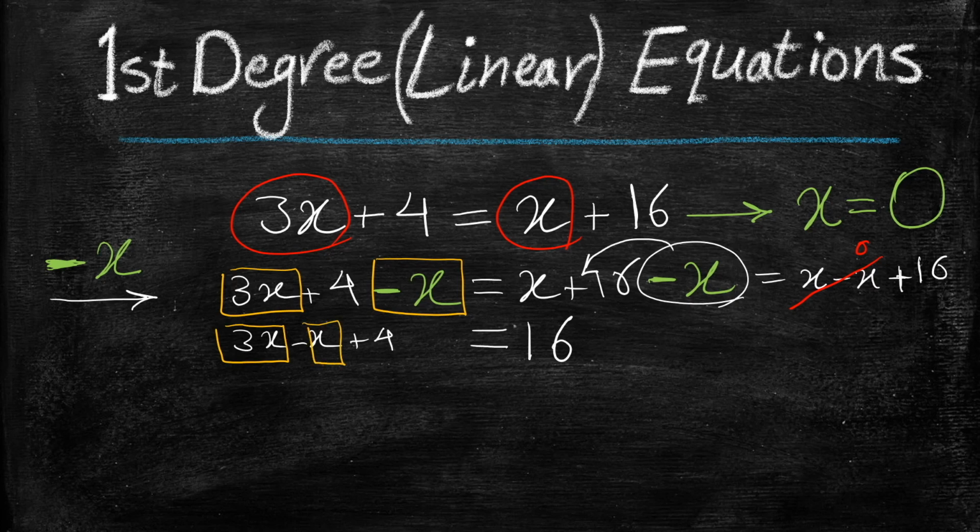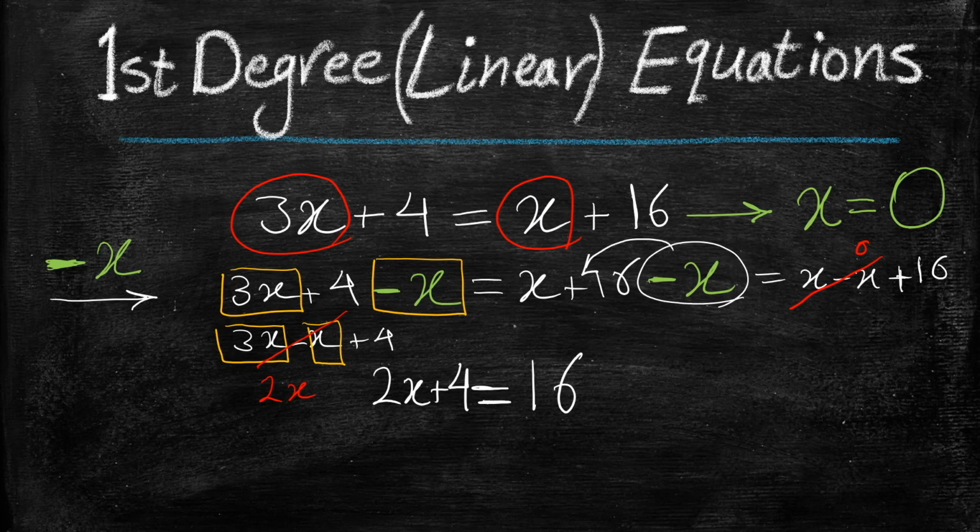So 3x minus x, that is just 2x, right? 3 apples minus 1 apple, that's 2 apples. That's how it works. So basically let me write this down. The right hand side is 16, the left hand side is 2x plus 4.